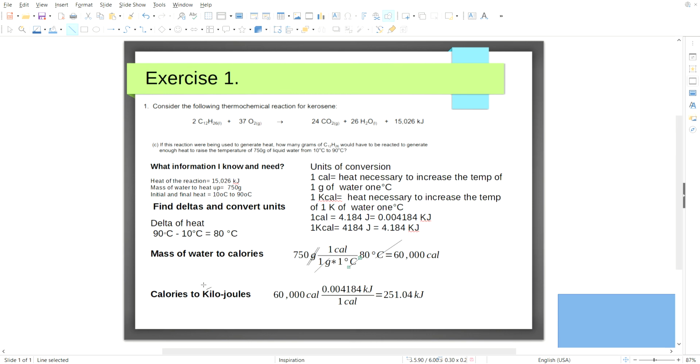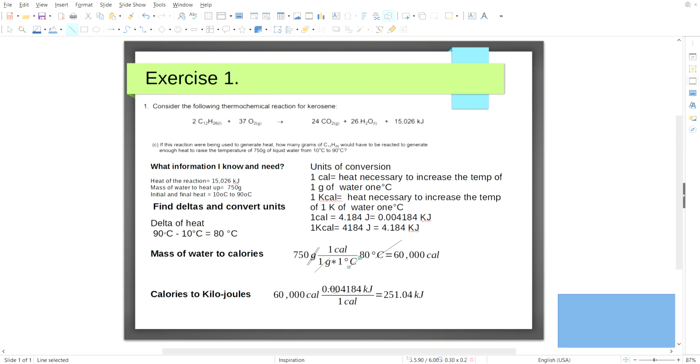Now we have to continue with the second part of the conversion, which is converting those calories into kilojoules. Why do I need to have this in kilojoules? Because in my next video, as the next part of the exercise, I have to use this value to know how many grams of kerosene I'm going to be using.